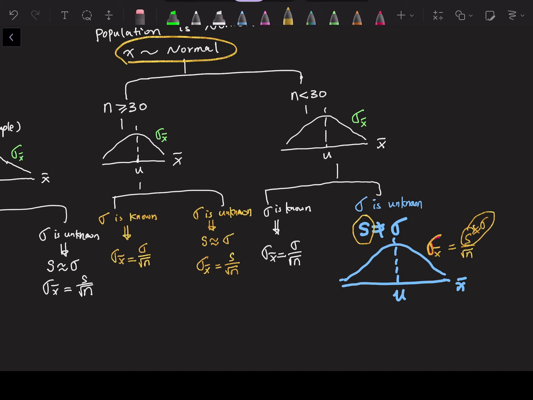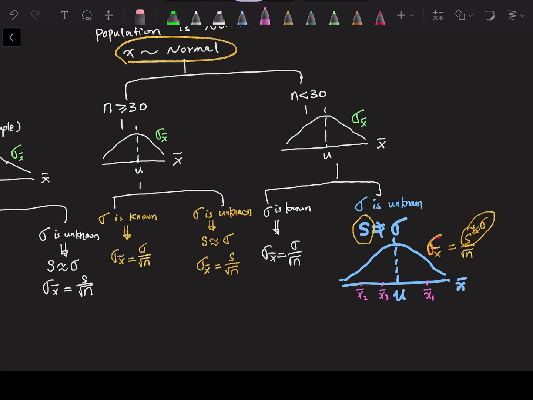For any point along this x bar, for example x bar sub 1, another value x bar sub 2, another value x bar sub 3, you can convert that into a z statistic, like we learned with the normal distribution.